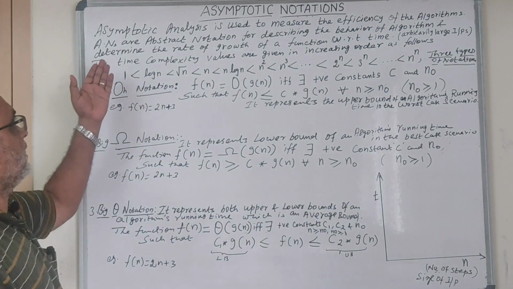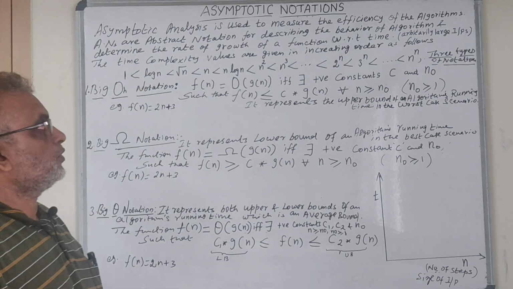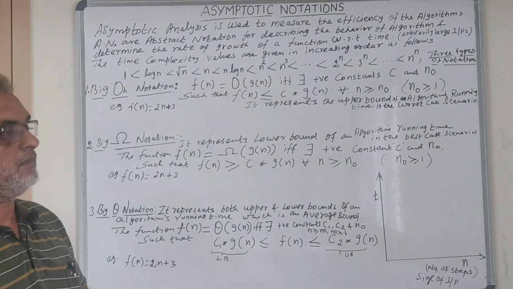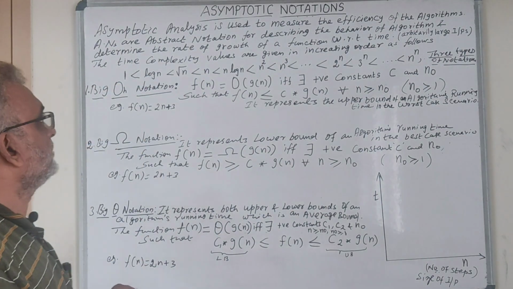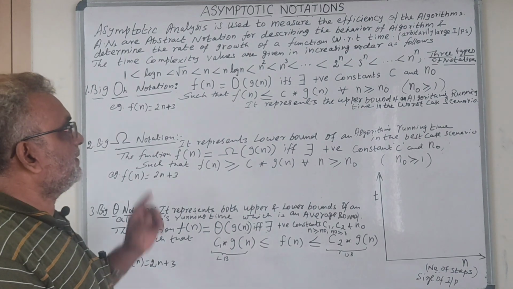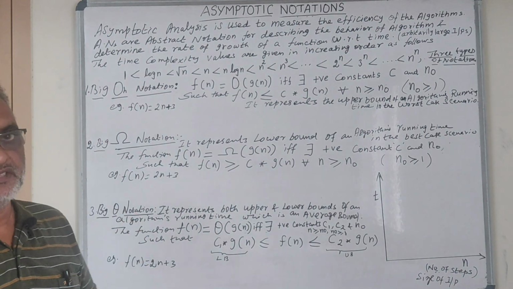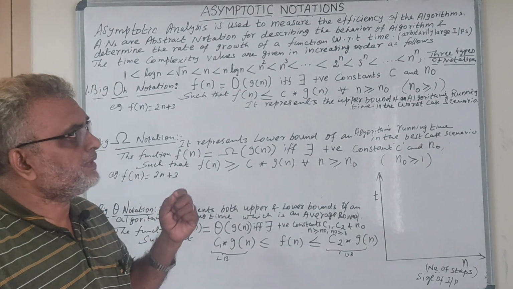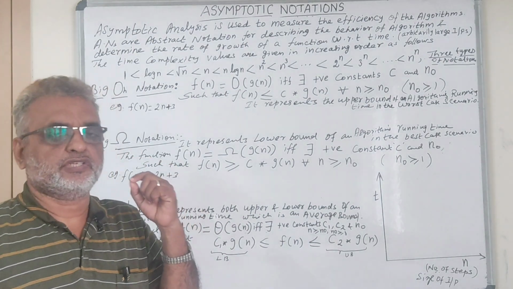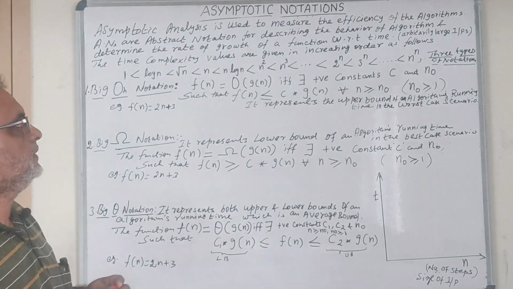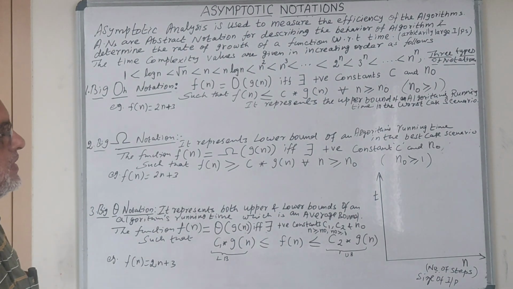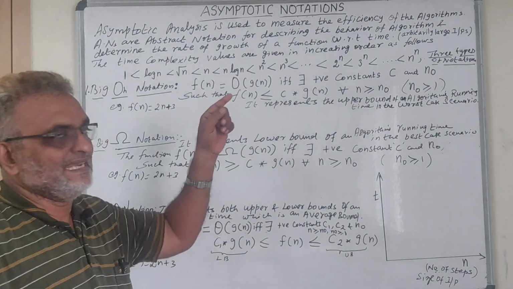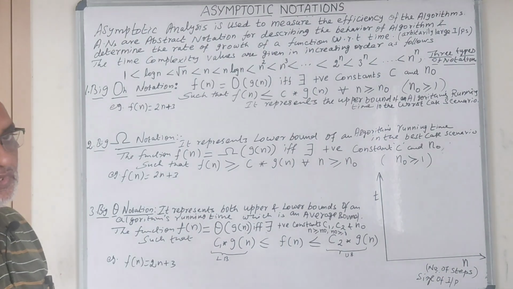These asymptotic notations are abstract notations for describing the behavior of an algorithm and determining the rate of growth of a function with respect to time and arbitrarily large inputs. The time complexity values are given in increasing order as follows.